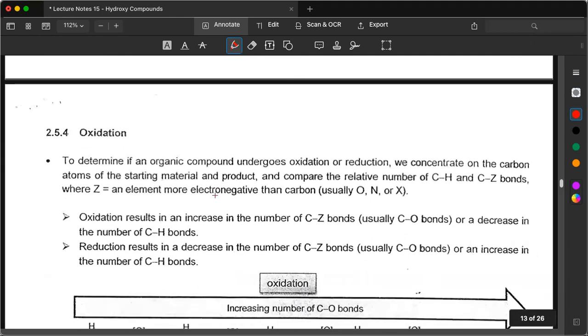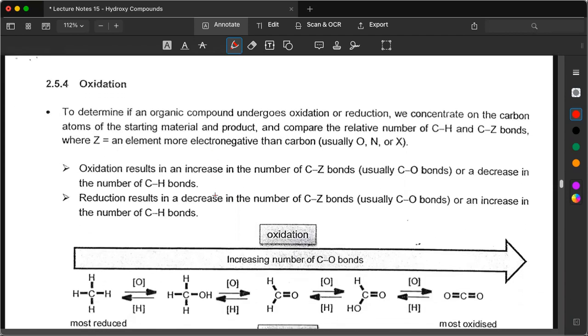To determine if an organic compound undergoes oxidation or reduction, we concentrate on the carbon atoms of the starting material and product and compare the relative number of C-H and C-Z bonds, where Z is an element more electronegative than carbon, like O, N, or halogen.